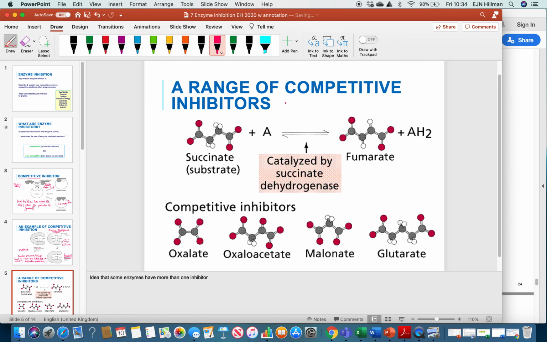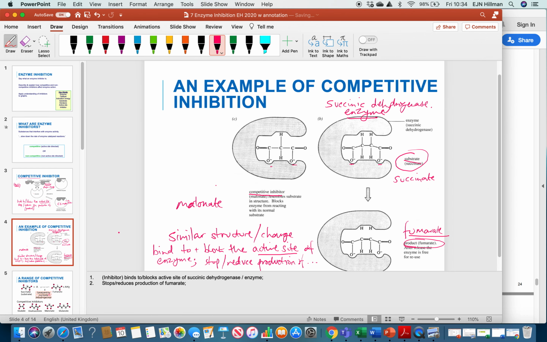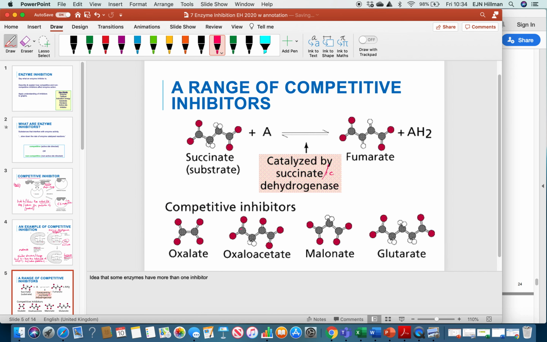Now, many enzymes will have more than one competitive inhibitor. Okay, so succinate dehydrogenase, which is the same as succinic dehydrogenase, has that, what did we say it was here? Malonate, which acts as a competitive inhibitor.